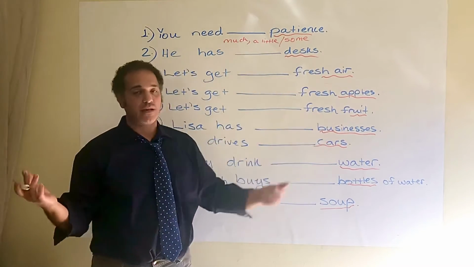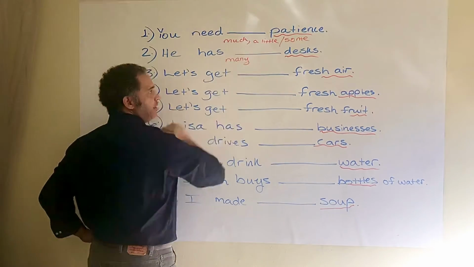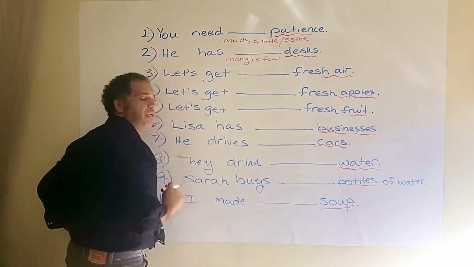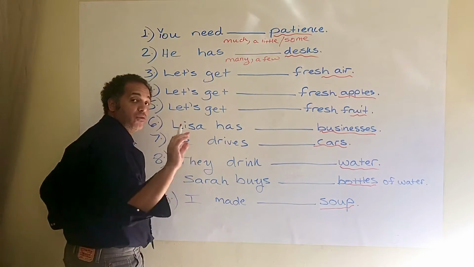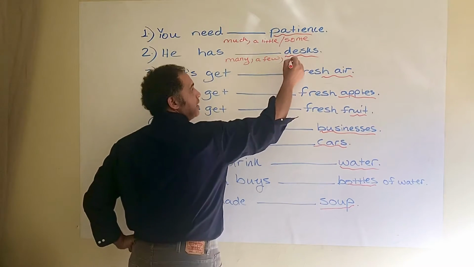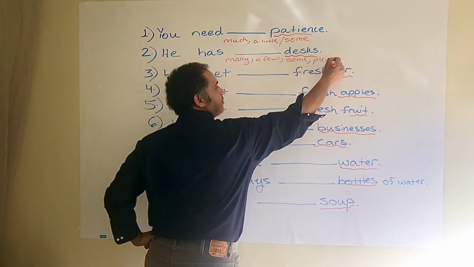Okay, desks is countable. So, he has many desks. I can say he has a few desks. If you guys want to use those quantifiers, which can be used for both, he has some or plenty of desks.